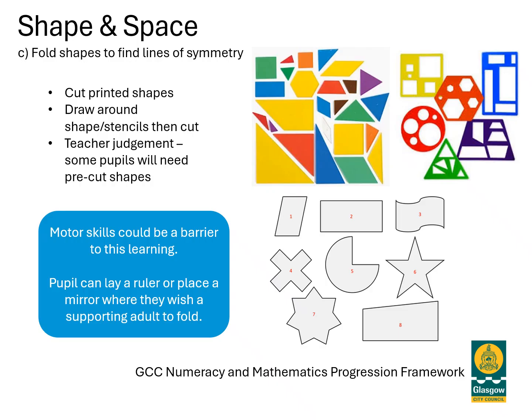And in terms of the activities around this, obviously it is asking for pupils to fold, but again, be mindful of motor skills development that could be a barrier for this learning. So you could adapt that by a pupil laying a ruler or a pencil or using a mirror to show you where they would like to fold the paper if motor skills don't allow for that.